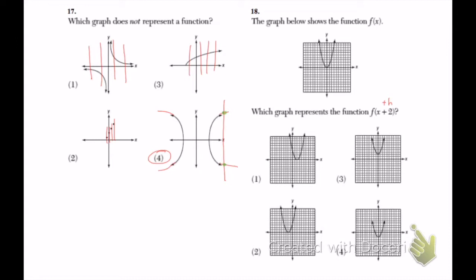It doesn't move up, so we could cross off 3. It doesn't move down, so we could cross off 4. So it could either be 1 or 2. 1 moves to the right, where most people may think x plus 2 moves. However, in class we showed exactly why a graph moves to the left when we add 2 to the x value. So we know that choice number 2 has to be our graph.